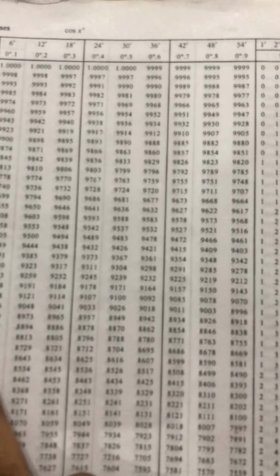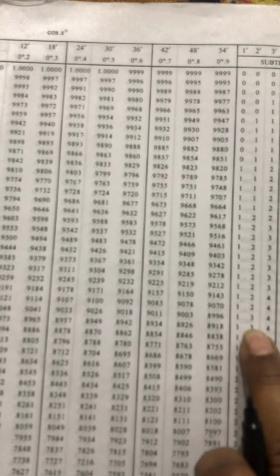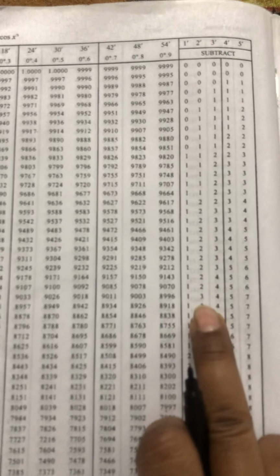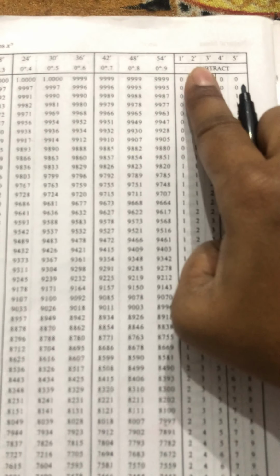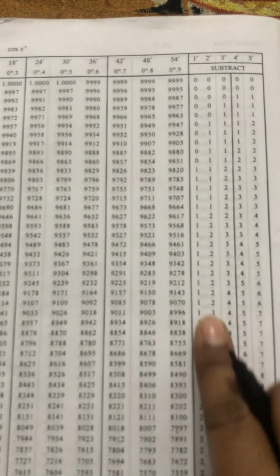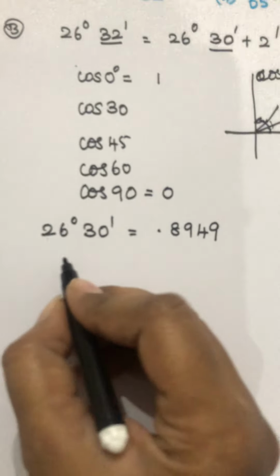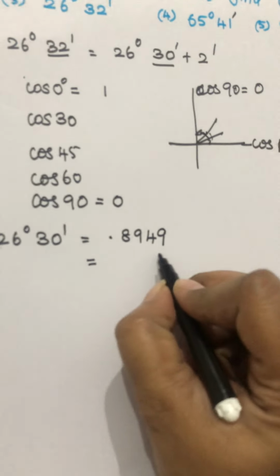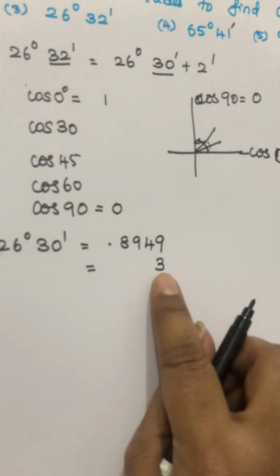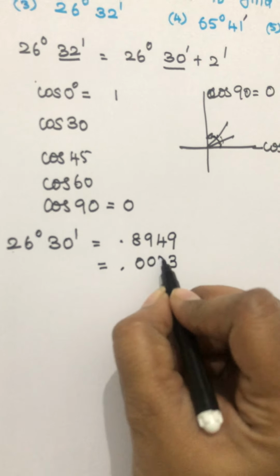So where is the 2 minutes? Here, this is 2 minutes, and for 2 minutes the value is 3. So first write 26 degrees 30 minutes, and then for the 2 minutes the value is 3, so we have to subtract.